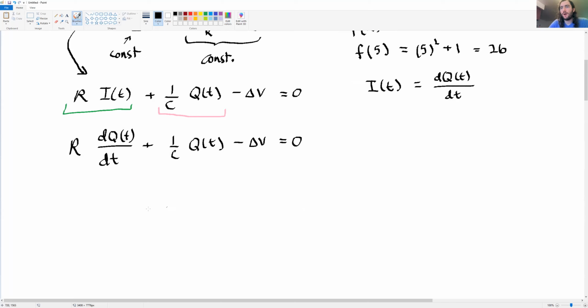Divide this equation by r and move some of these terms to the other side, so that we have dq of t by dt is equal to... and how do we want to do this here? I think this should be fine.